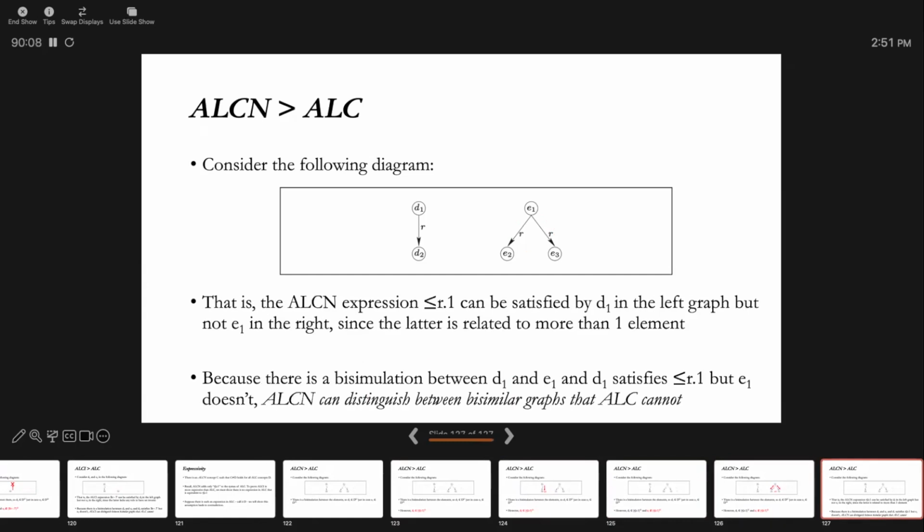In ALCN, if you add this cardinality constraint to your language, you can distinguish these two. ALC, if you recall, does not have any such constraints. It can't tell you that you can only look at this many. And so as far as ALC is concerned, E1 and E2 are bisimilar; it can't distinguish the graphs.